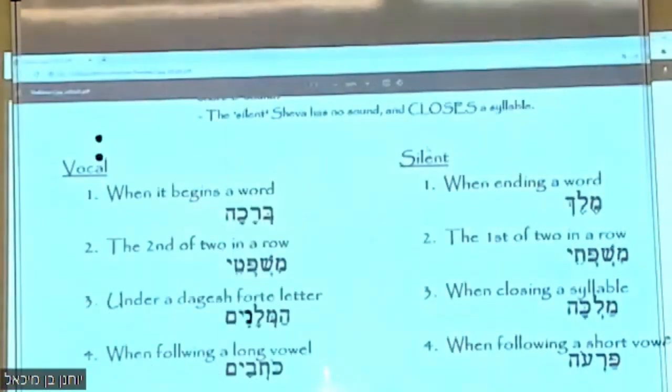So anyway, that's the rules for shva. Okay, shva can trip you up, knowing whether it's vocal or whether it's silent. But if you keep in mind those 4 rules, and the more you study and the more you practice, right, the more we do these things, the sooner it will come to you. All right.